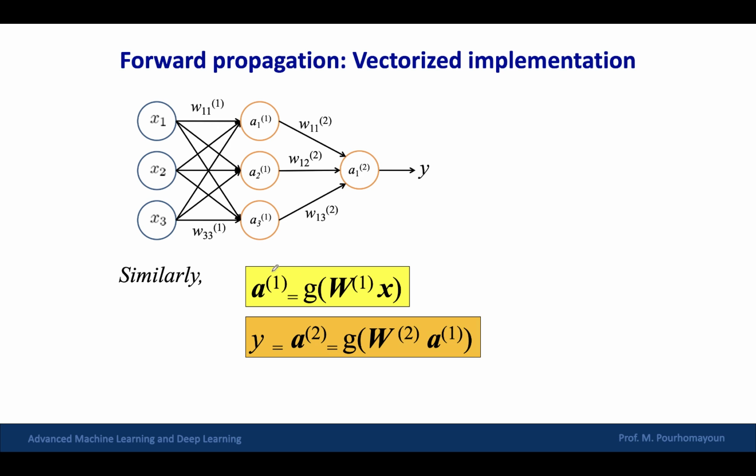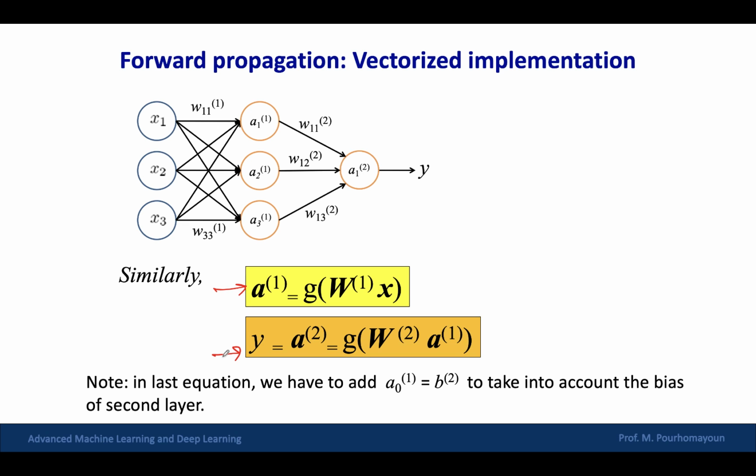This is for layer 1, this is for layer 2, and so on. So don't forget the bias. We always have a bias here. So again, we will have a bias right here, b0 for this layer. We have another bias here, and so on. We should always remember to include a bias.